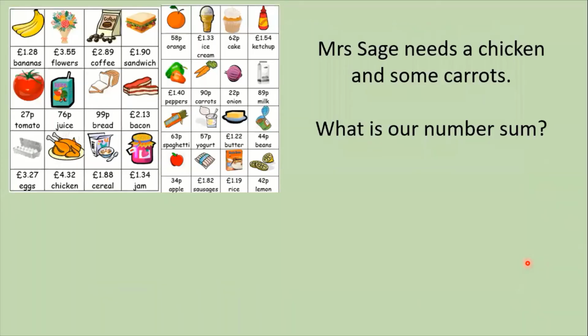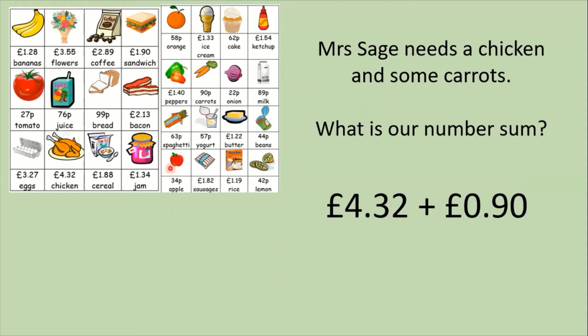Okay then, Mrs. Sage needs a chicken and some carrots for her roast dinner on Sunday. So looking at our shopping list, can you spot those? What would our number sum be? Well done if you worked it out. £4.32 for a chicken and 90p for some carrots. £4.32 add £0.90.